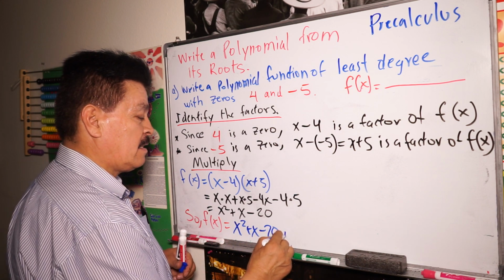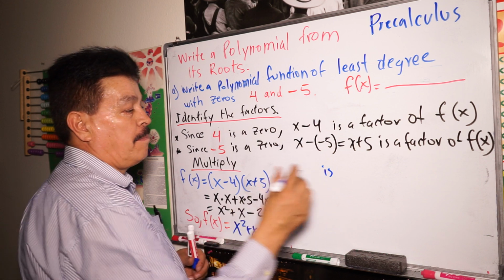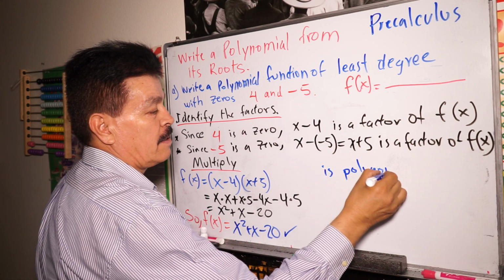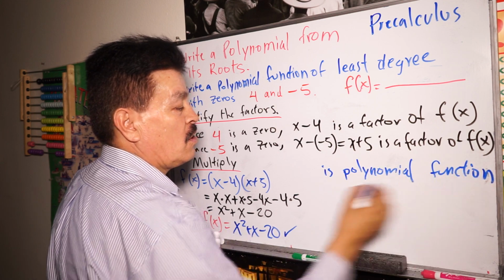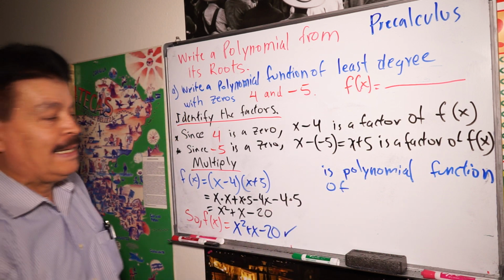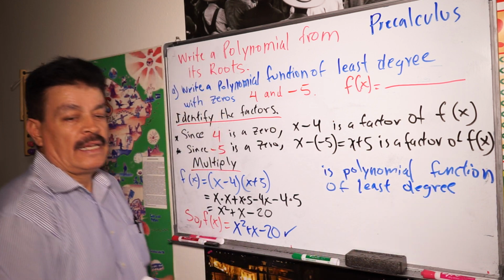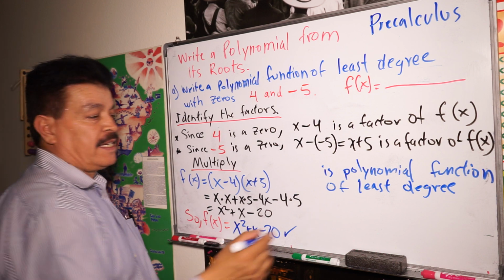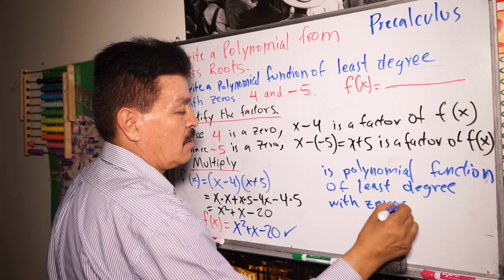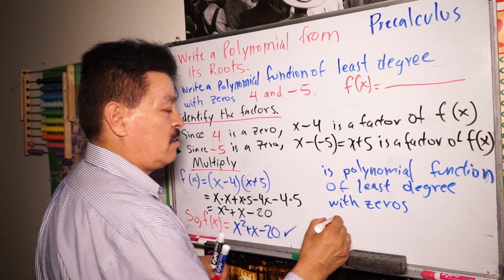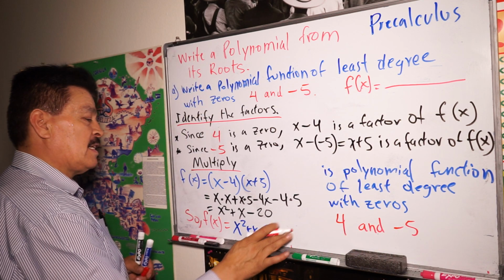So this is the polynomial function of least degree with zeros 4 and negative 5.